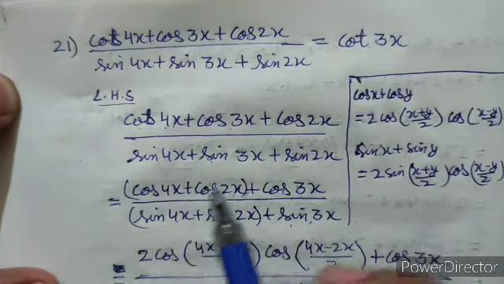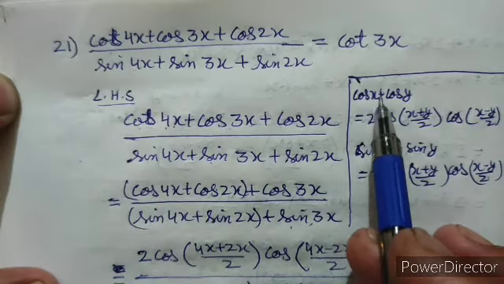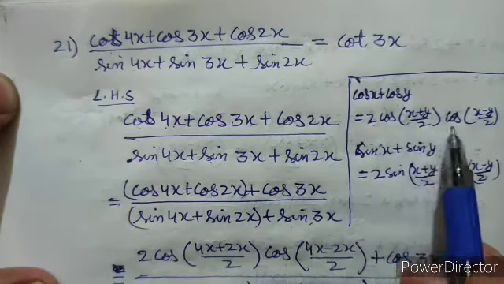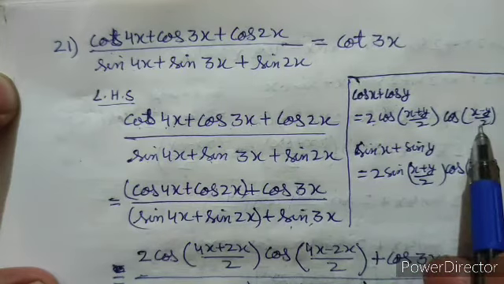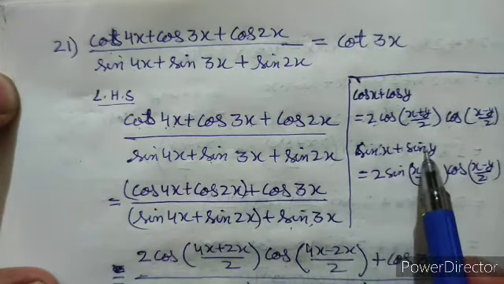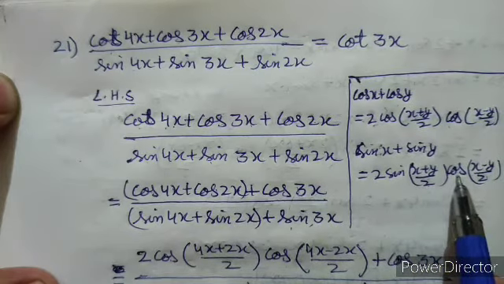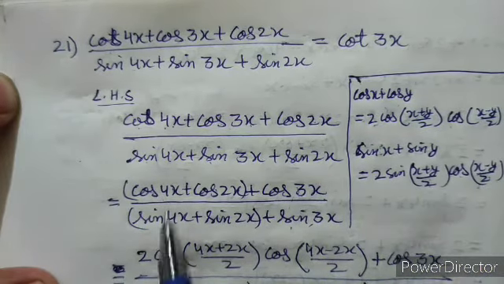Now, by the identity, cos x plus cos y equal to 2 cos (x plus y upon 2) cos (x minus y upon 2), and sin x plus sin y is equal to 2 sin (x plus y upon 2) cos (x minus y upon 2).